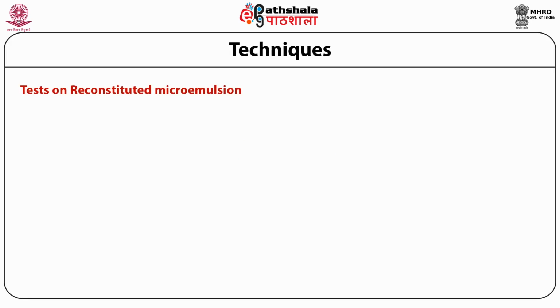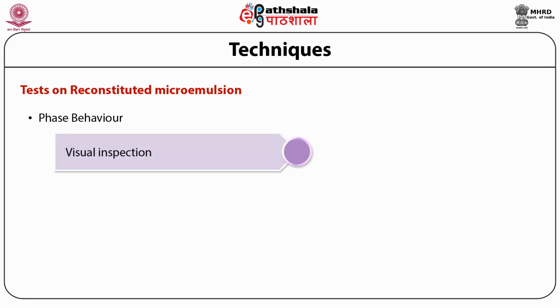The tests on reconstituted microemulsion: first, we have to examine the phase behavior of a microemulsion. The phase behavior is tested using visual inspection, that is, we can see whether the solution is clear, transparent or translucent.